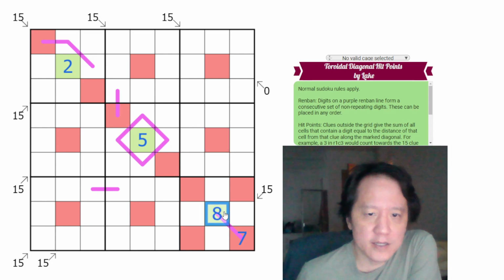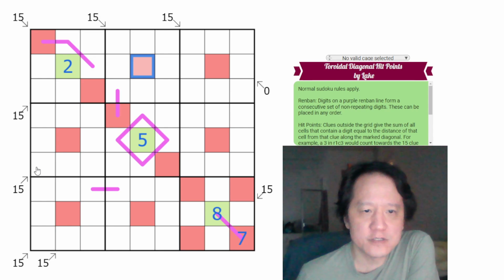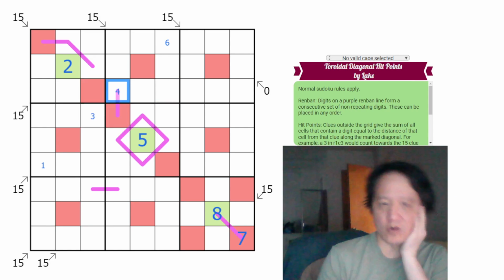Okay, so the 8 cannot be with 9. This can't be 7 anymore, so it cannot be 2 or 5. So that forces either 1, 6, 8 or 3, 4, 8. We don't know which. So this is either 1 and 6, or this is 3 and 4.